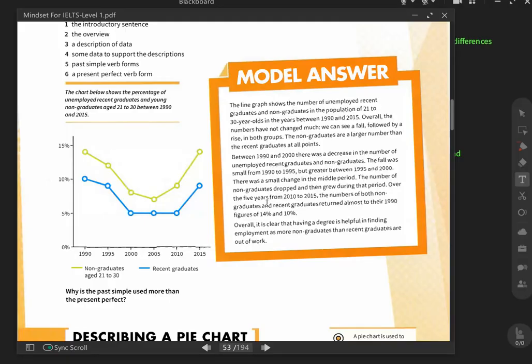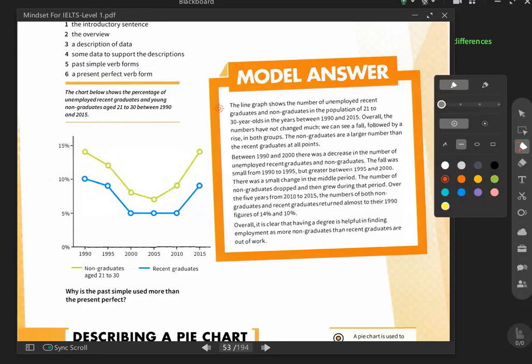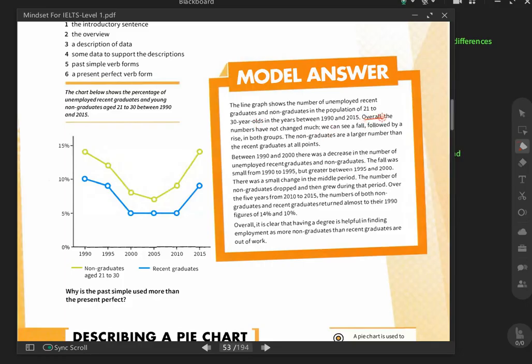Overall, the numbers have not changed much. We can see a fall followed by a rise in both groups. The non-graduates are a larger number than the recent graduates at some points. Very good. And normally we start our overview with overall. Of course, there are different phrases, but normally you see this, overall. Okay, and this is our overview and a description of data.